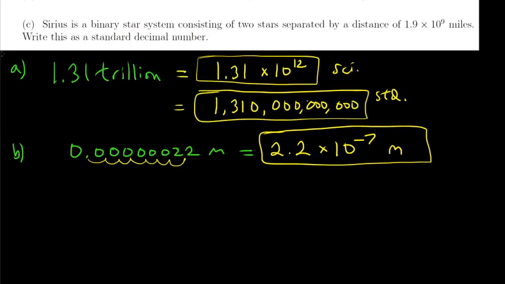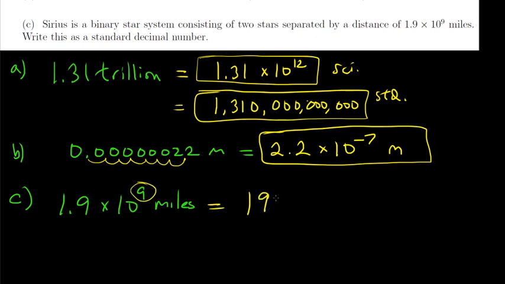And finally, part C. Sirius is a binary star system consisting of 2 stars separated by a distance of 1.9 times 10 to the 9 miles. It's 1.9 billion miles. So write it as a standard decimal number, right? So 1, and then we move the decimal to the right 9 places. So 1, 2, 3, 4, 5, 6, 7, 8, 9.